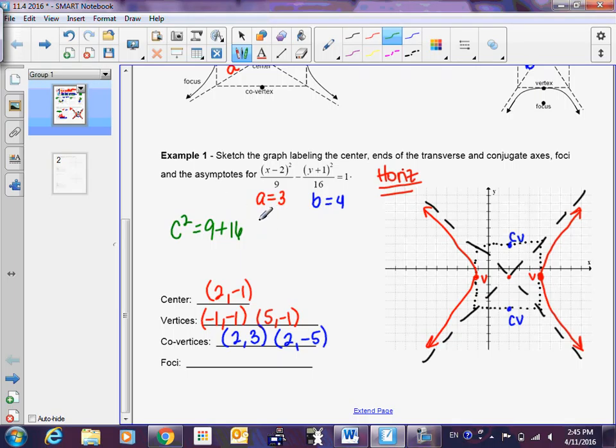With hyperbolas, we're going to add them, but we get the formula, so we shouldn't be getting them mixed up. 9 plus 16, that's 25. So what is C? 5. Which direction are we going to go from the center? Left and right 5. 1, 2, 3, 4, 5. And we're going to write those points down.